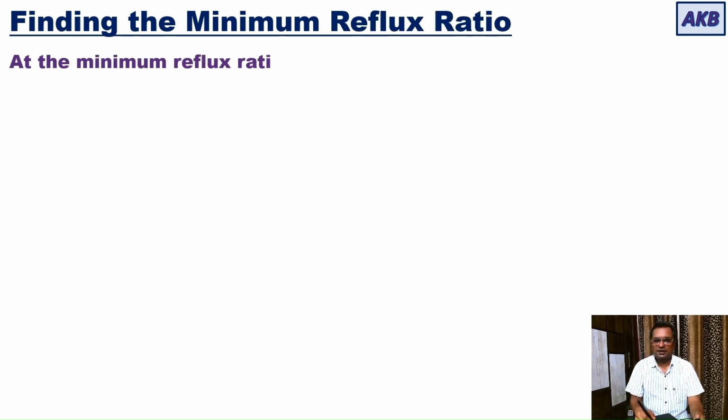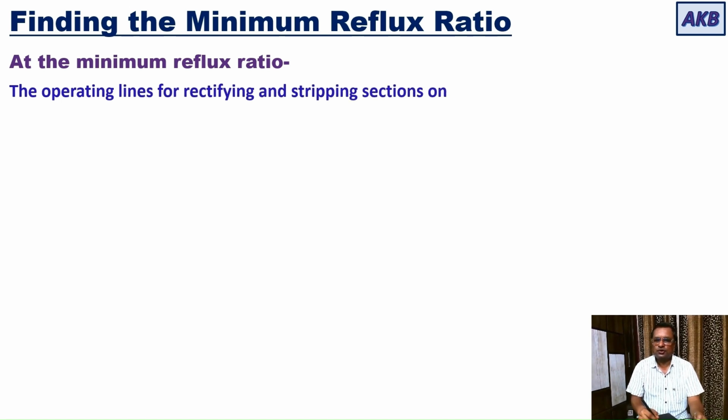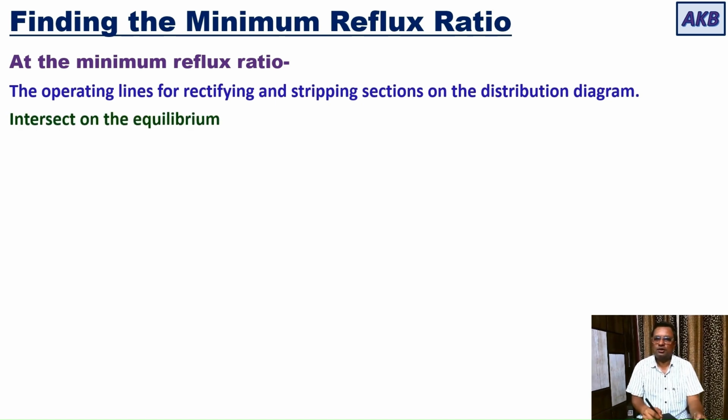What is the concept? I have made a separate video on the minimum reflux ratio. You can watch that. But at the minimum reflux ratio, the operating lines for the rectifying section and stripping section on the distribution diagram intersect with each other on the equilibrium curve.